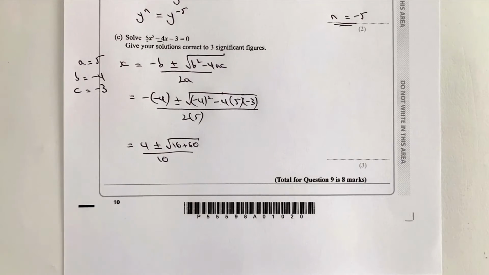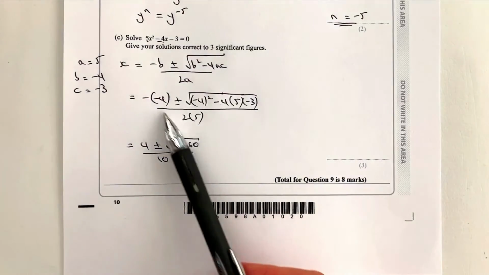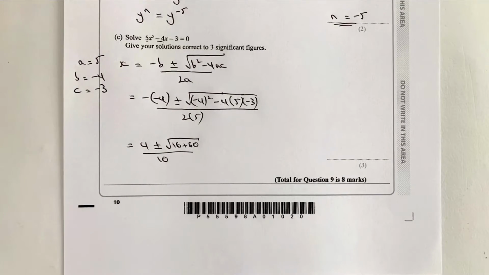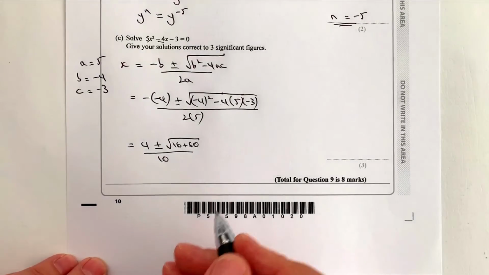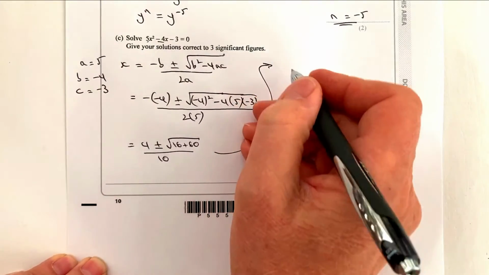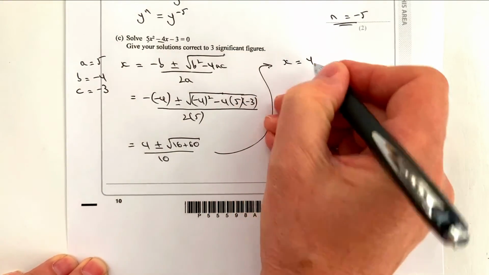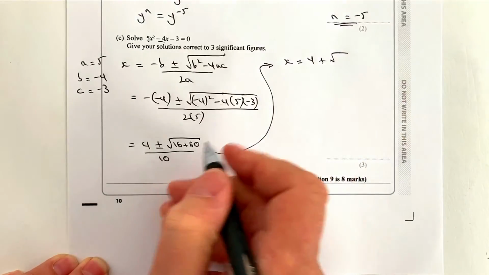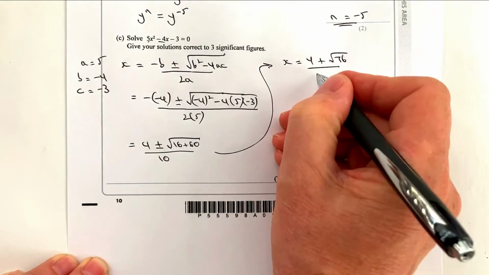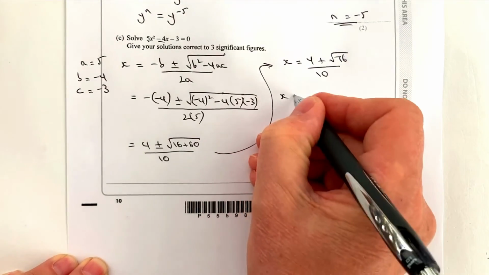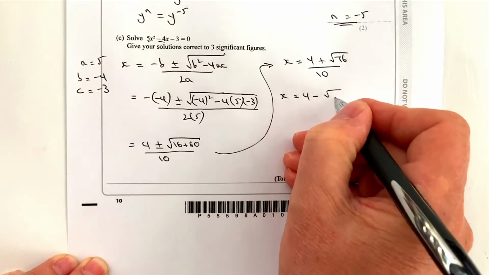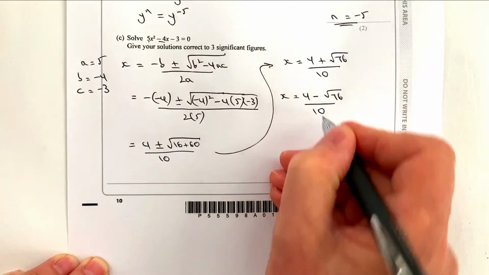I certainly wouldn't advocate that you put everything into a calculator. It's much better to separate it out if you can. And you get to the point where you've got 2 values. So you've got x equals 4 plus the root of 76 divided by 10. And you've also got x equals 4 minus the root of 76 divided by 10.